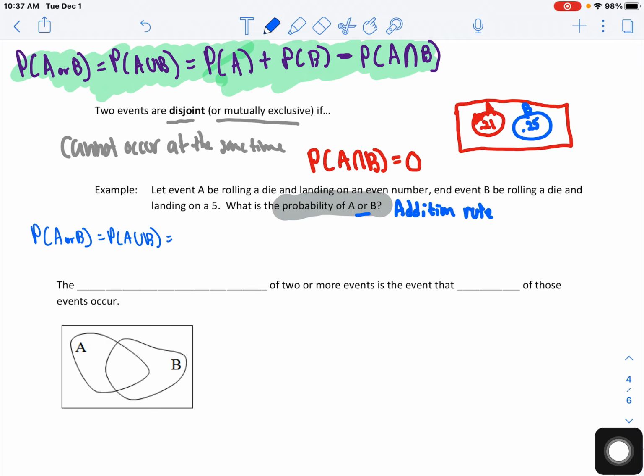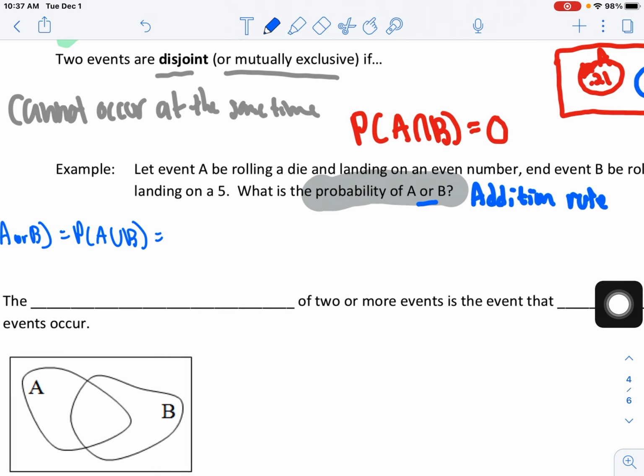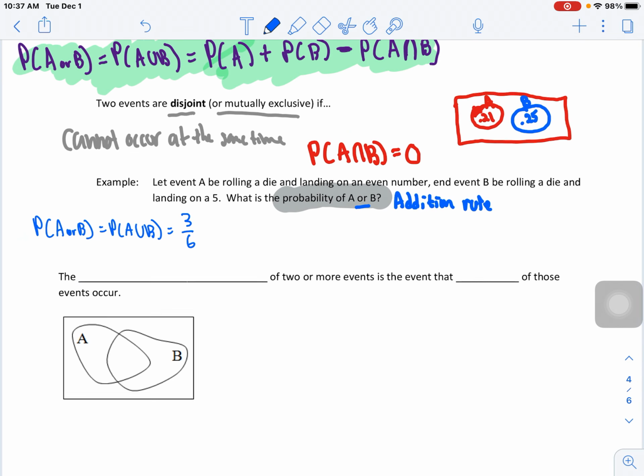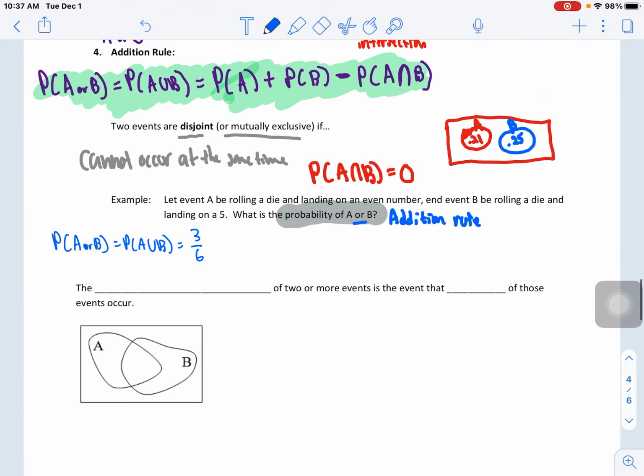So let's think about this. What is the probability of event A? In this case, it said landing on an even number. Well, if I have a standard 6-sided die, we have 3 even numbers: 2, 4, and 6. So we have a 3 out of 6 chance for event A happening.